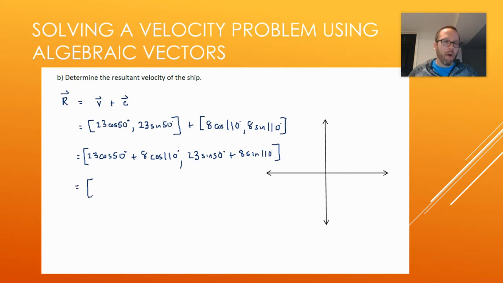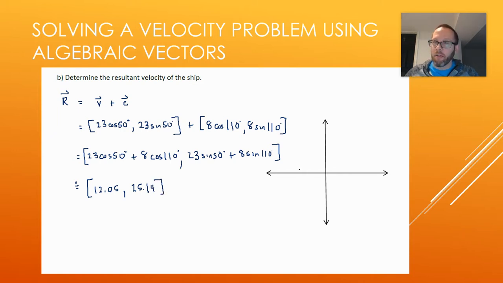And let's go ahead and do that. 23 cos 50 plus 8 cosine 110. So for x component, I'll go to 2 decimal places, keep lots of accuracy here, 12.05. And then 23 sine 50 plus 8 sine 110, 25.14. And that's it.